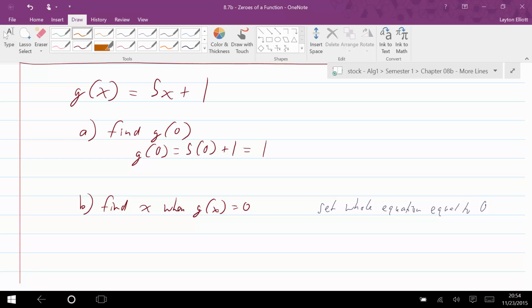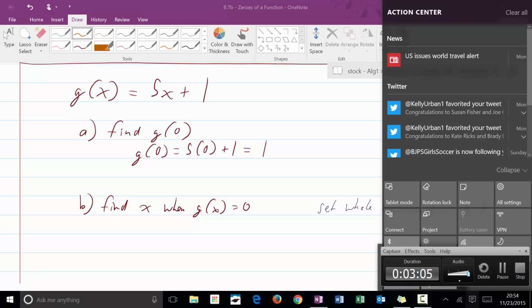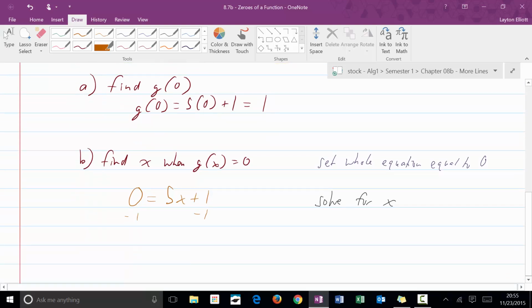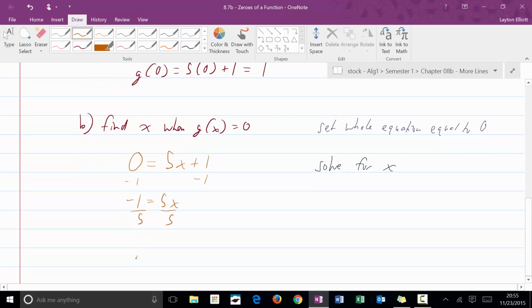So what happens is that we've got the whole equation equal to 0, so I get 0 is equal to 5x plus 1. Then I'm going to solve for x. I subtract 1 from both sides, and I get negative 1 is equal to 5x, and then I divide both sides by 5, and I get x is equal to negative 1/5.